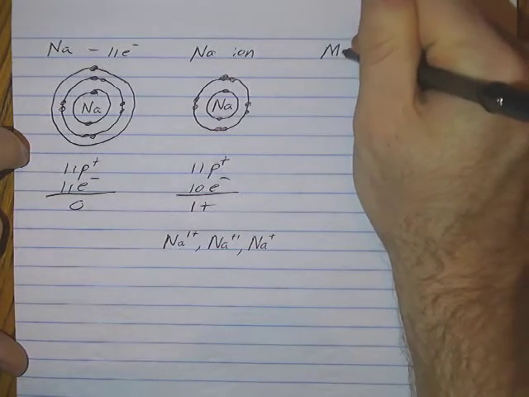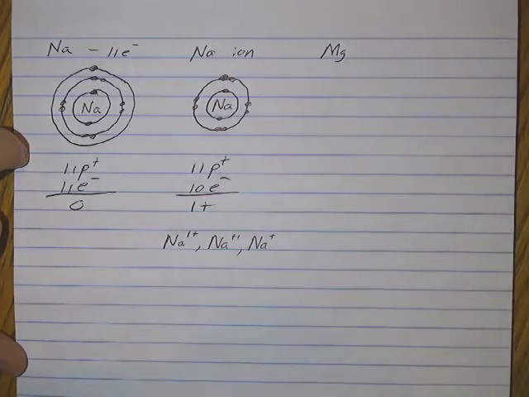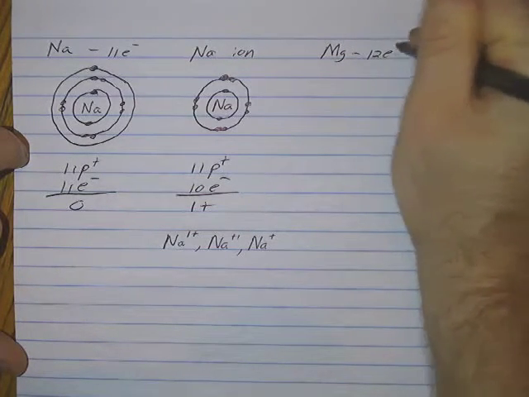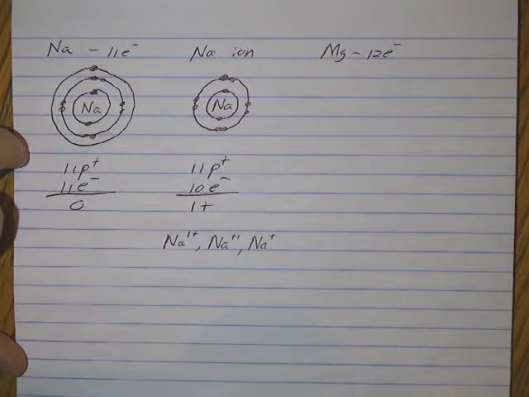And then we look to sodium's neighbor to the right, and we have magnesium. In an uncharged magnesium atom, we're dealing with 12 electrons.